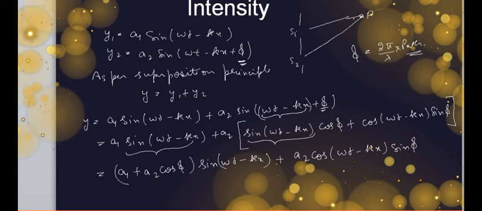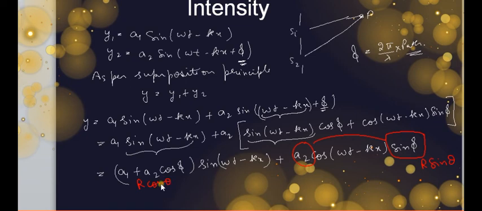So here this a1 plus a2 cos phi and this a2 sin phi, we are considering as r cos theta and r sin theta.